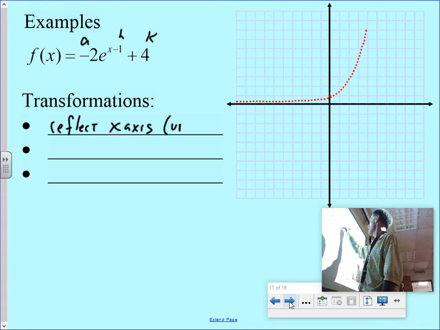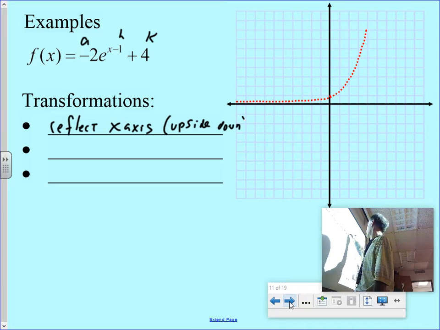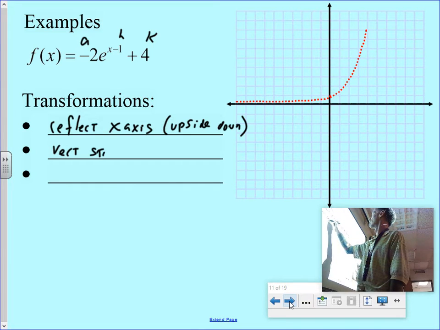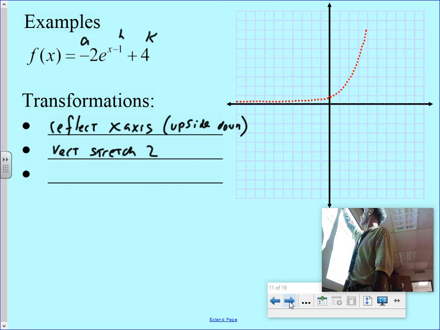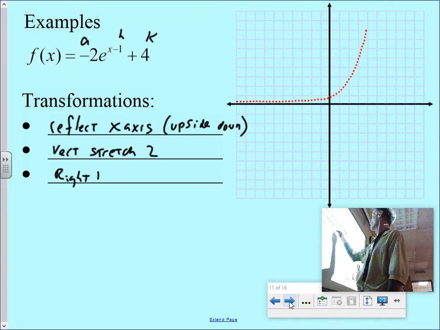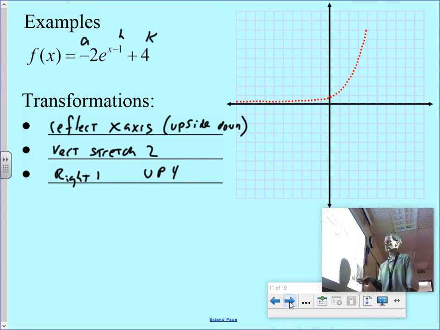So it's going to be upside down. It's also going to be a vertical stretch of 2. Again, my H in this case is positive, so it's going to go right 1, and it's going to go up 4. Okay? That's the big part of that.